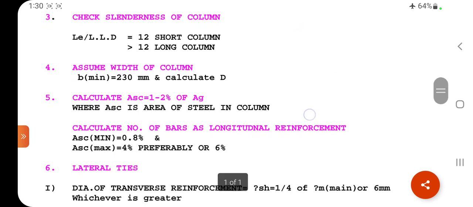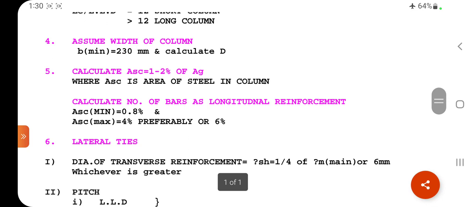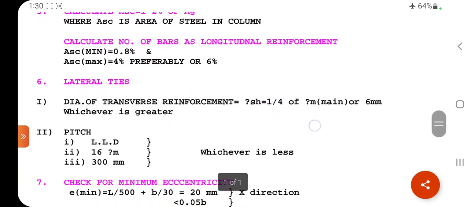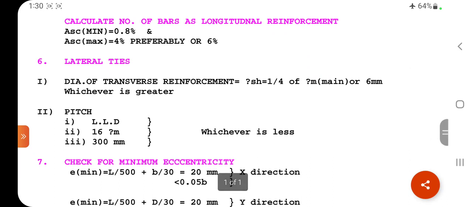Then we calculate the Asc, which is equal to 1 to 2% of Ag, where Asc is the area of steel in the column. Then calculate the number of bars in the longitudinal reinforcement. Asc minimum is 0.8% and maximum is 4%, preferably 6%.